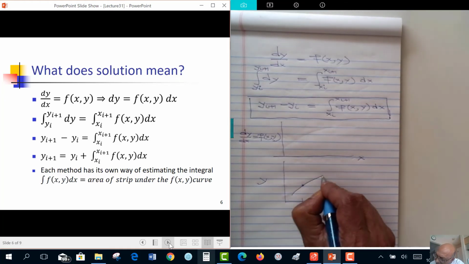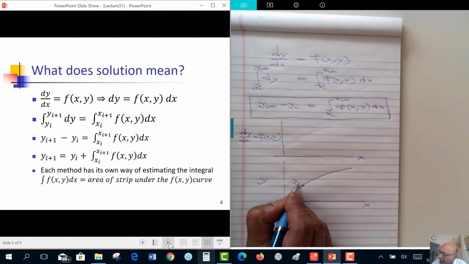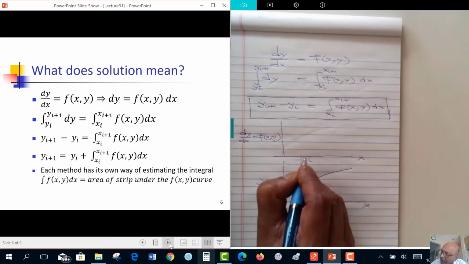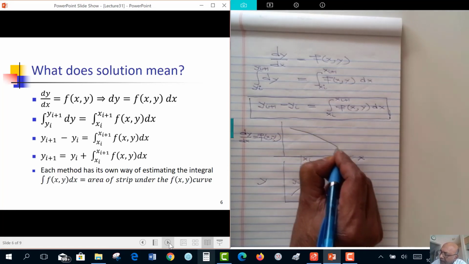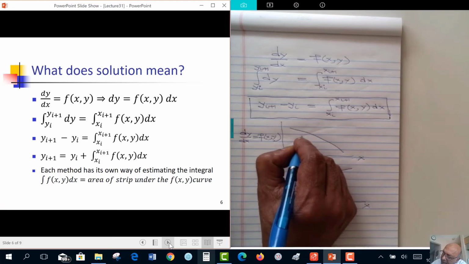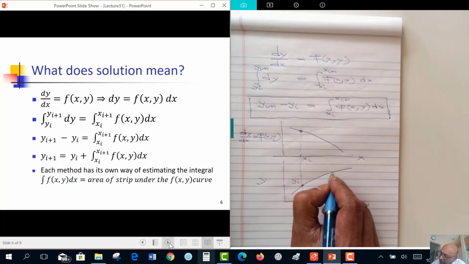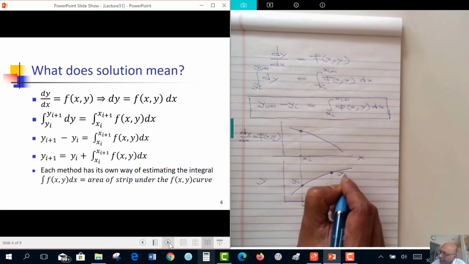Let's say the y curve looks like this, so we know yi. And let's say our curve looks like this. Okay, so what we want is at xi plus 1 we want this yi plus 1.